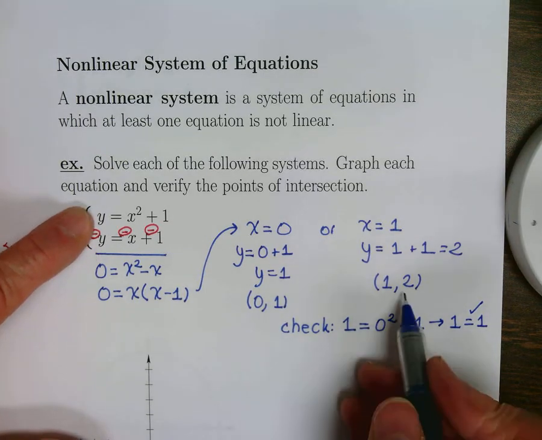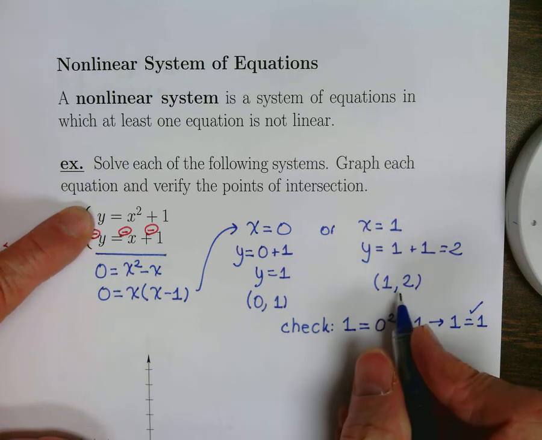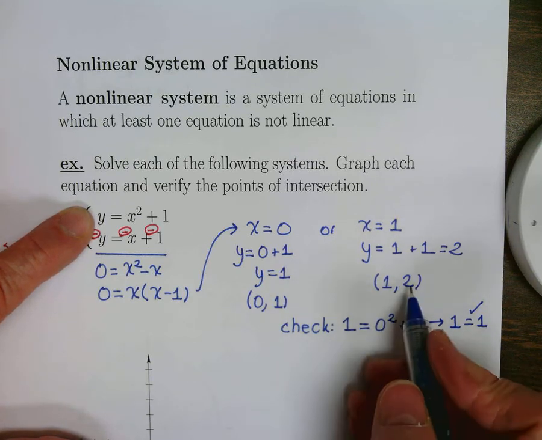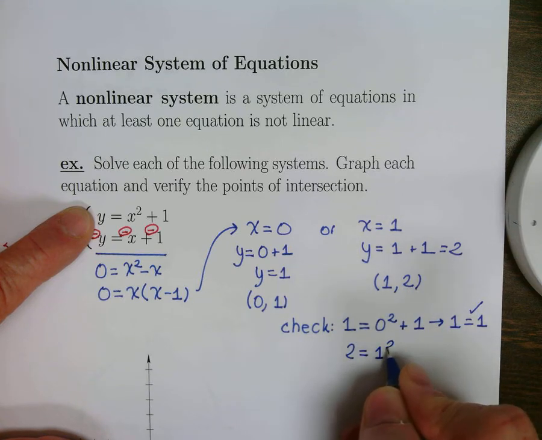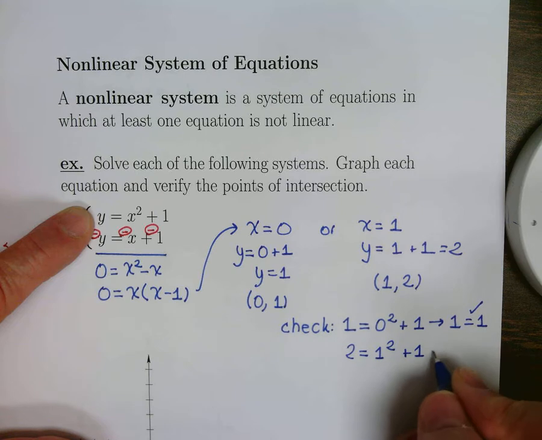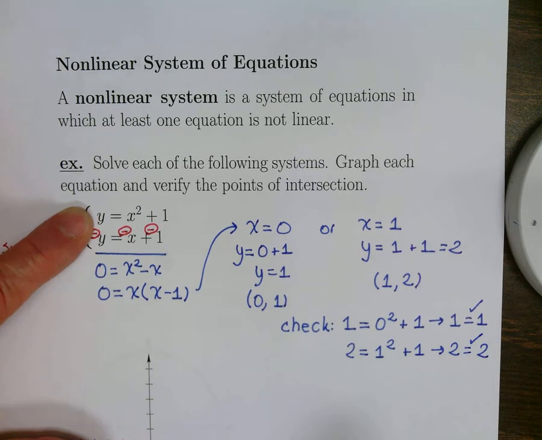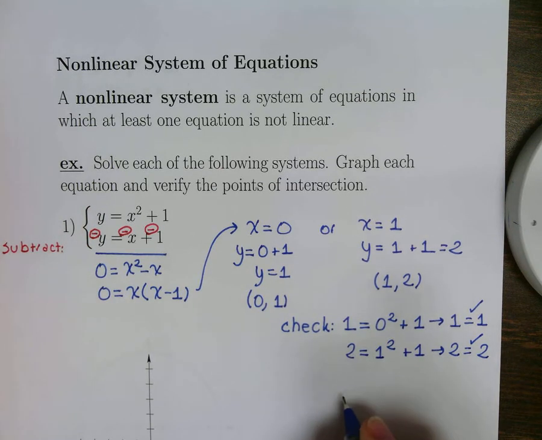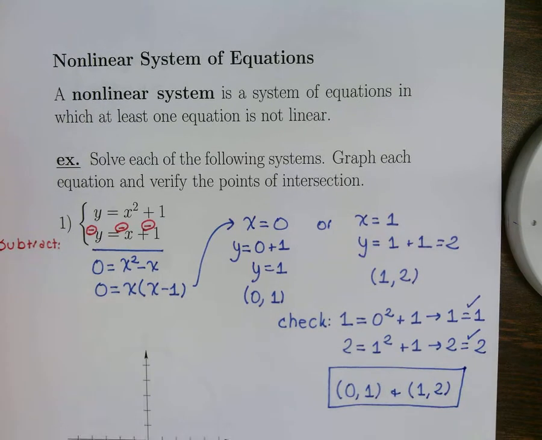Let's try the second ordered pair in the second equation. And let's see, so y is 2. And sure enough, 2 equals 2. So both of those work, so this system has two solutions, 0, 1 and 1, 2. Okay?